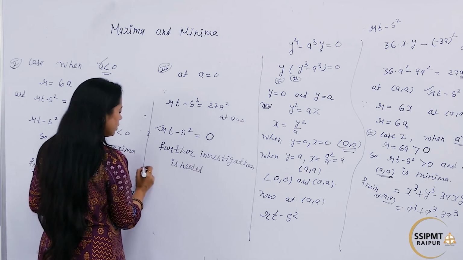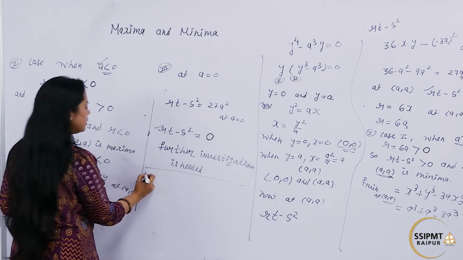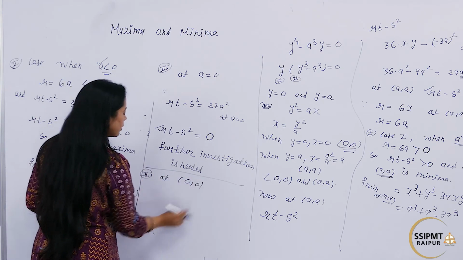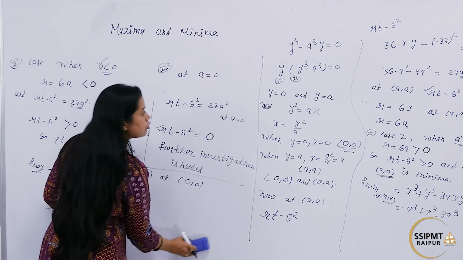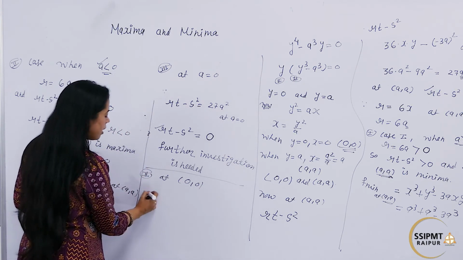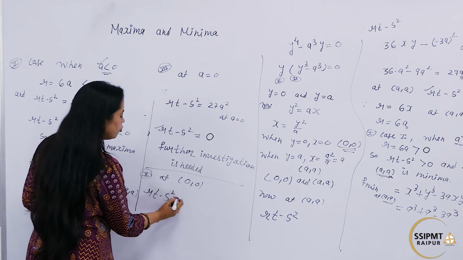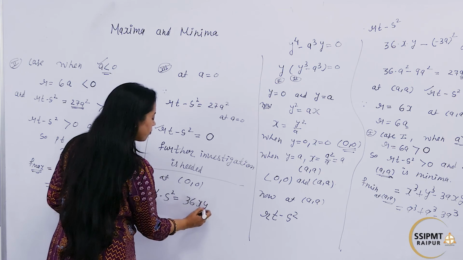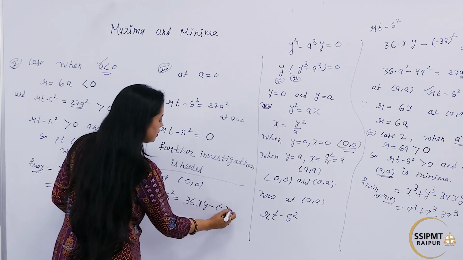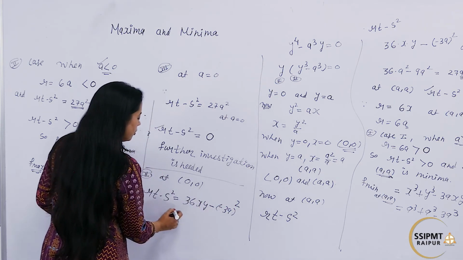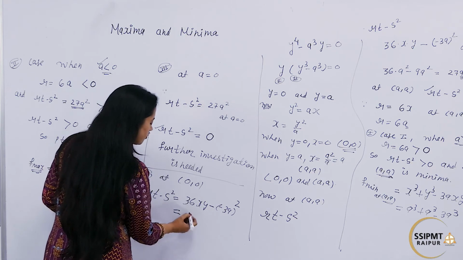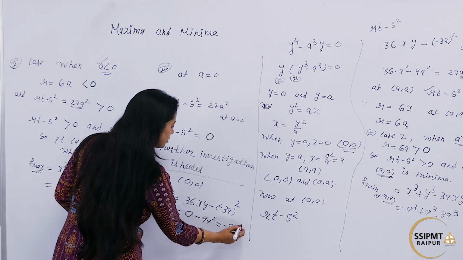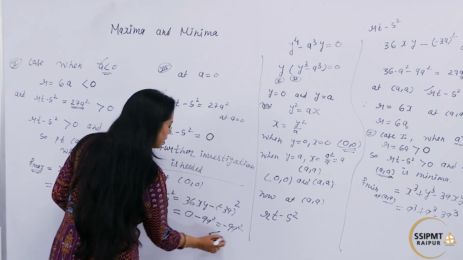And we have one more solution, if you remember, and that point was (0, 0). So at (0, 0), rt minus s square, whose value was 36xy minus (minus 3a) whole square, is 0 minus 9a square, which is minus 9a square, and it will be a negative value.